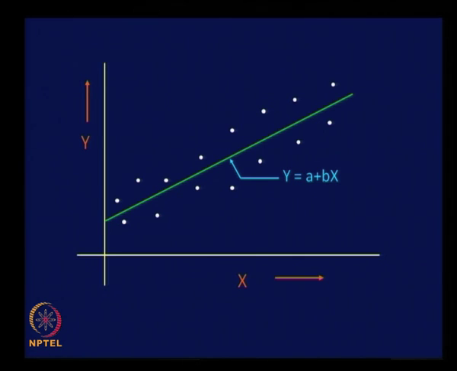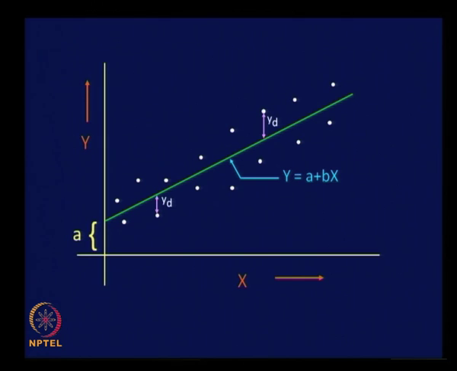We must always write the equation as ye equal to a plus bx, and this is the intercept on y axis. Let us say the deviation of the actual observed point from the regression line is yd, and the deviation of another point which is below the regression line is again yd.